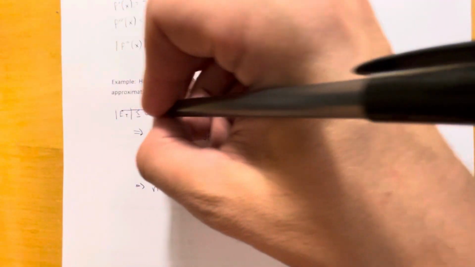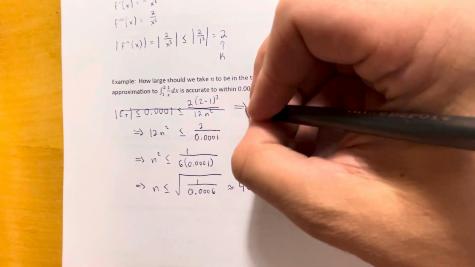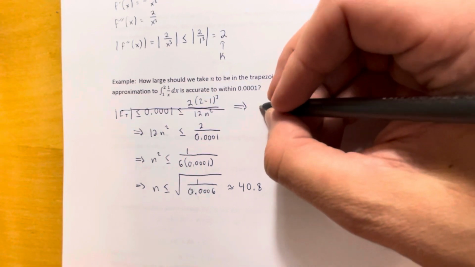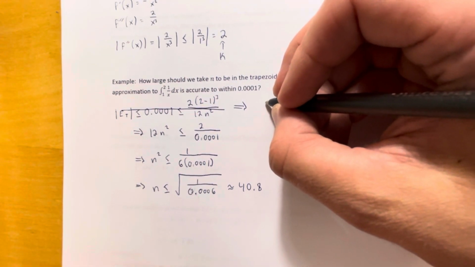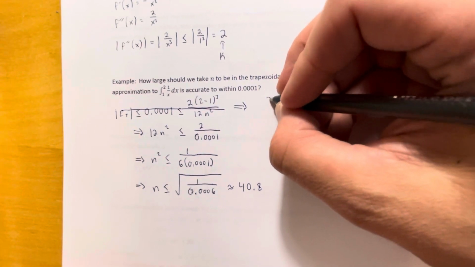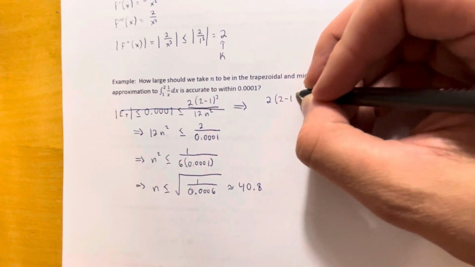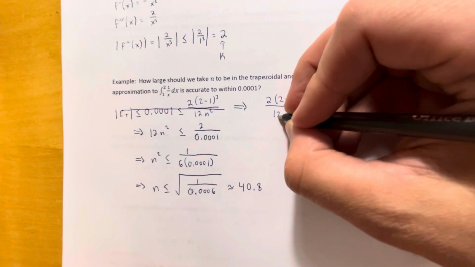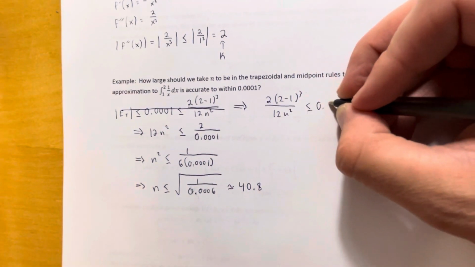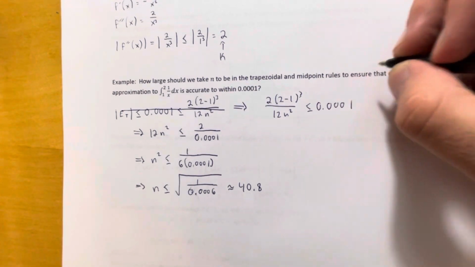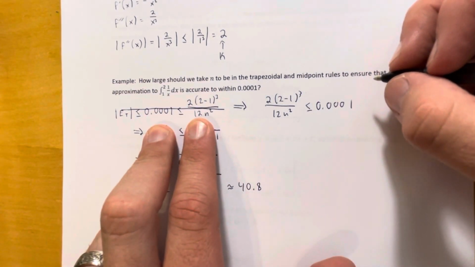Really, let me back things up here a little bit. What we wanted was this over 12n squared to be less than or equal to 0.0001. I had these two guys flipped around.